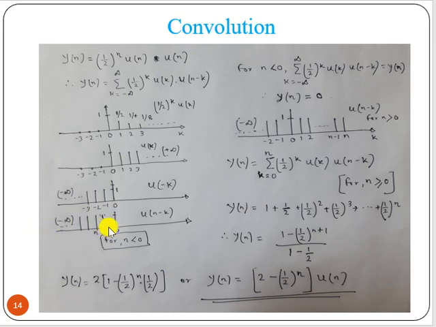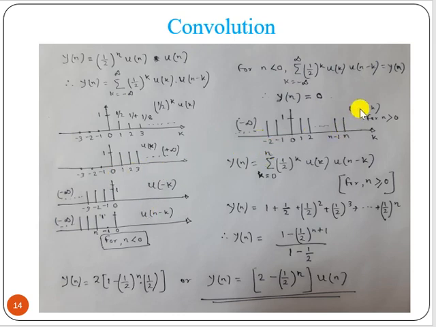Now if we multiply this u[k] with u[n minus k] when n is less than 0, the y[n] will be nothing but 0, because here we have positive values 1, 1, 1, 1, and there we have all values as 0. So multiplication and summation gives us a result equal to 0.